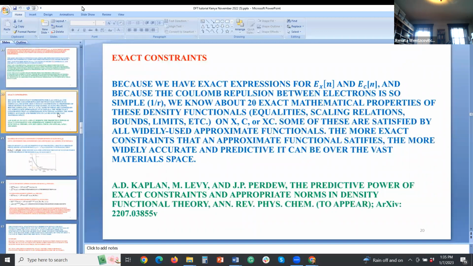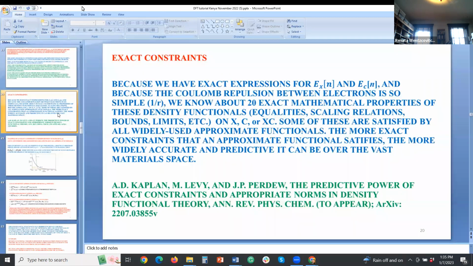Okay, so now I'd like to discuss the exact constraints. We have exact expressions for the exchange energy as a function of the density and the correlation energy as a function of the density. I showed you some of those exact expressions on earlier slides.